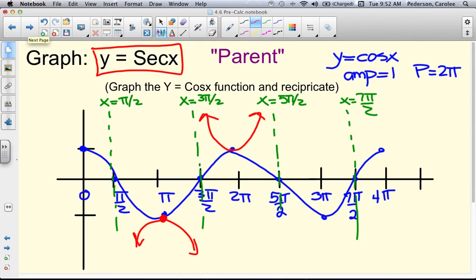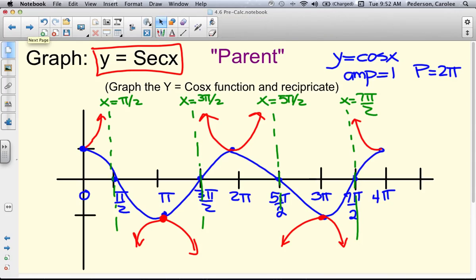Again, at 2 pi, go to the top of that hill, and flip it. Make the parabola. At 3 pi, flip it. And then I have a half of a flip here, and a half of a flip there. And there is our secant function.